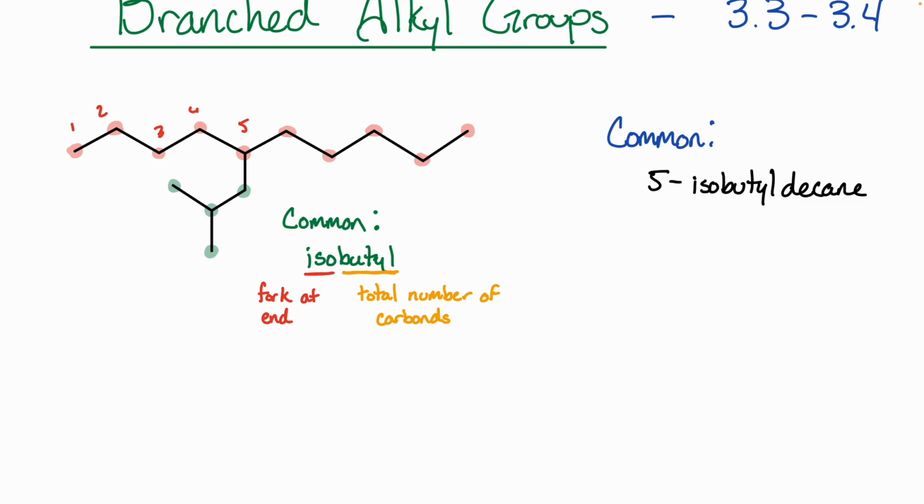So common names are all well and good, but we don't have a common name for literally everything that you could possibly think of. So instead, we also have an IUPAC name. To be clear, do we all know what I mean by IUPAC? IUPAC is the international organization that set the rules for nomenclature. So all these rules that we're following were set by an organization.